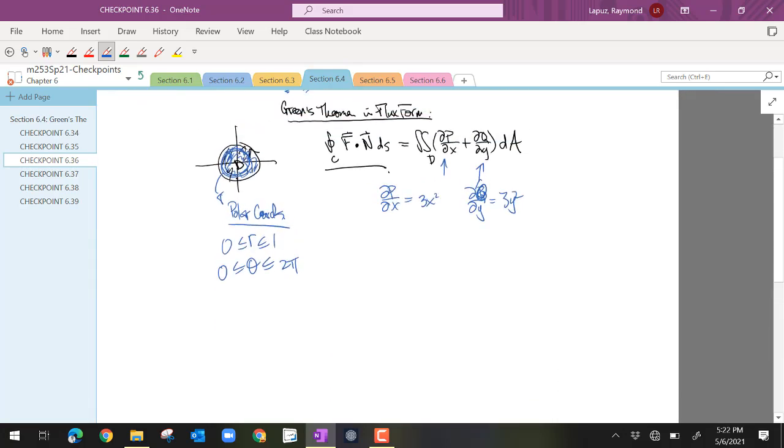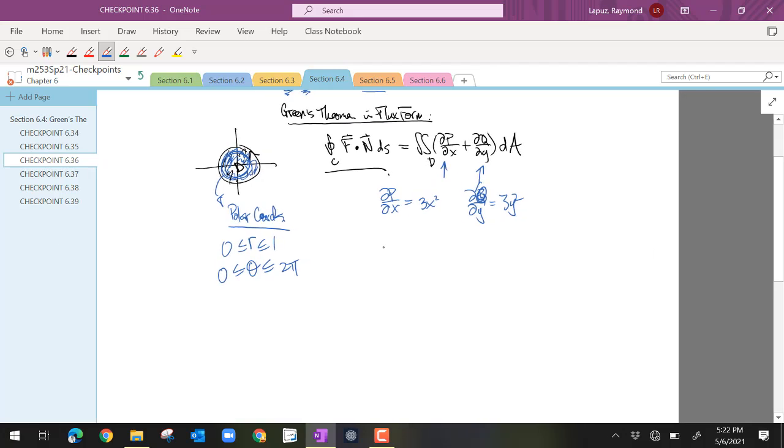Now, if we put that into the double integral according to Green's flux theorem, we have the double integral over D of 3x squared for P x, and Q y is 3y squared dA.